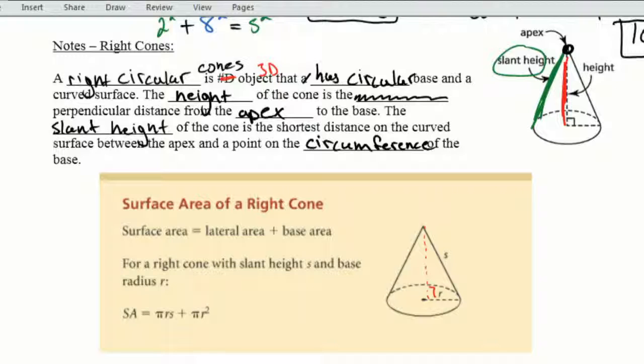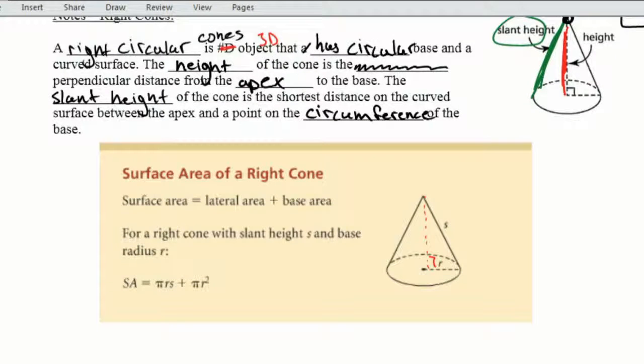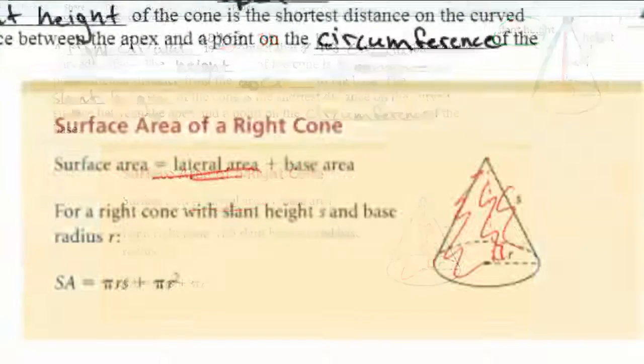And down below, again, this stuff's all on your formula sheet, but we have some formulas here just so we can figure it out for today. The lateral area is, if you can imagine cutting this cone, you'd have the outside area.